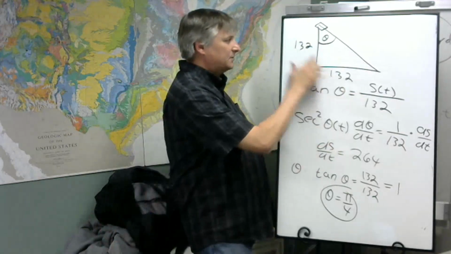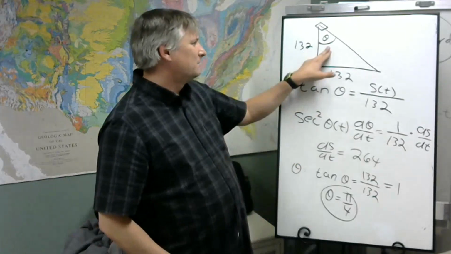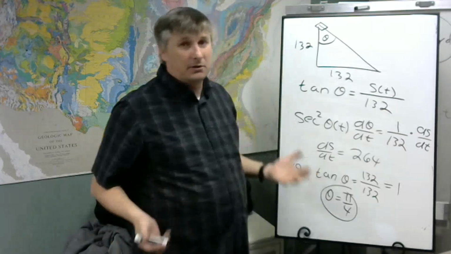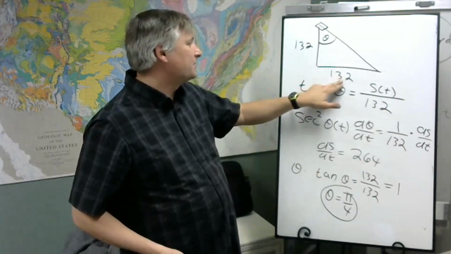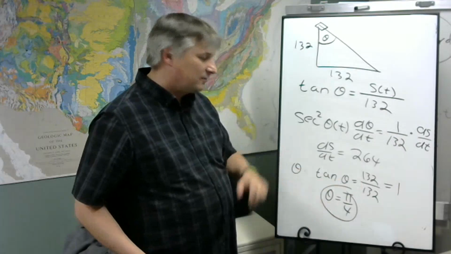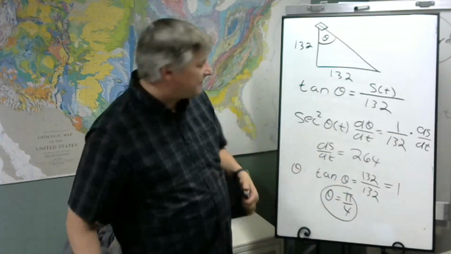We know this is the distance from the track. So what angle has an opposite of 132 and adjacent of 132? Or put another way, what angle has an opposite equal to its adjacent? Well, that's an angle of pi over 4. So now we can replace that theta of t.